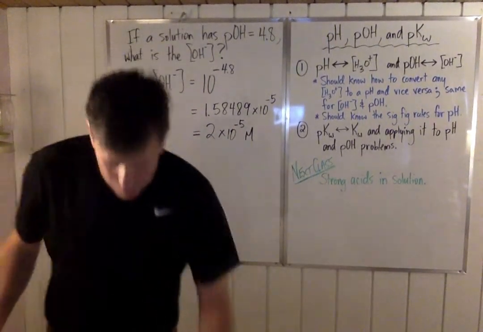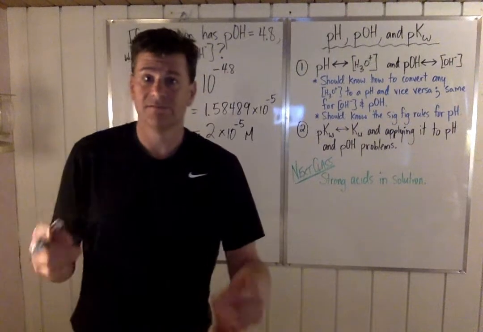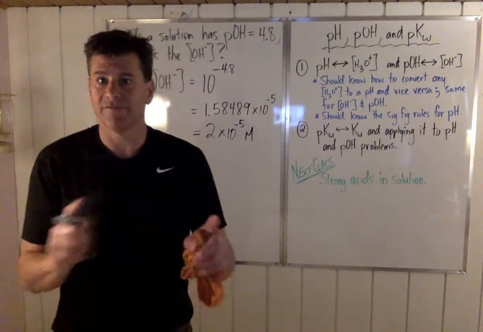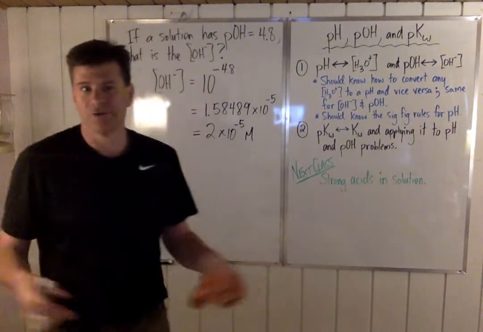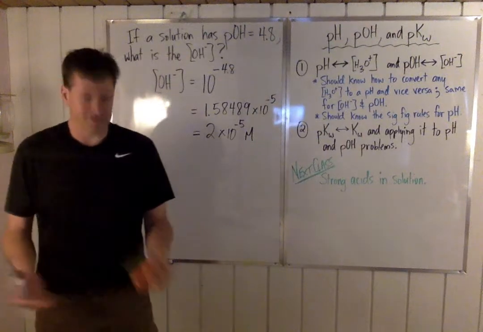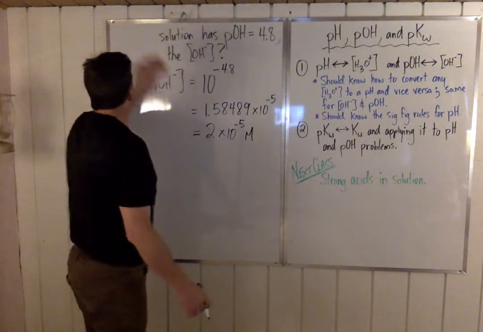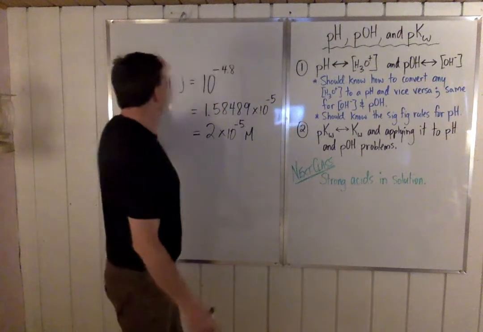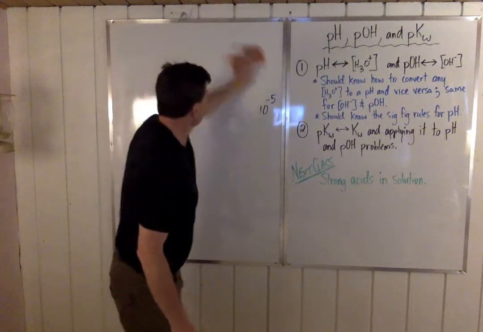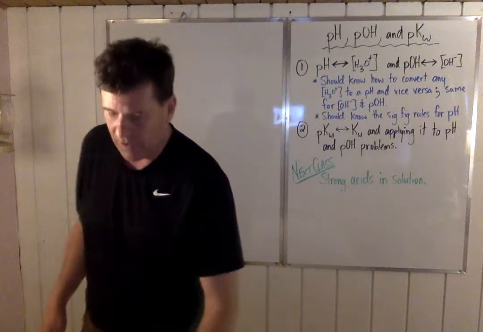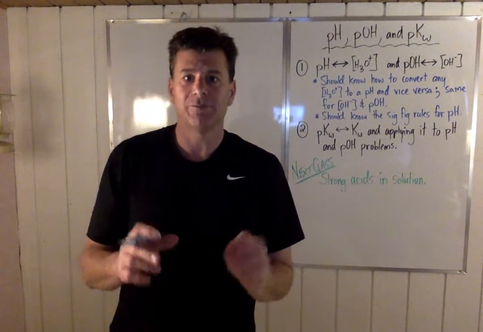Okay, so that is just a couple of examples of converting back and forth. Got to know your little formulas, and if you know your formulas and you can use your calculator, you should be good to go. So the next one is the relationship between pH and pOH.